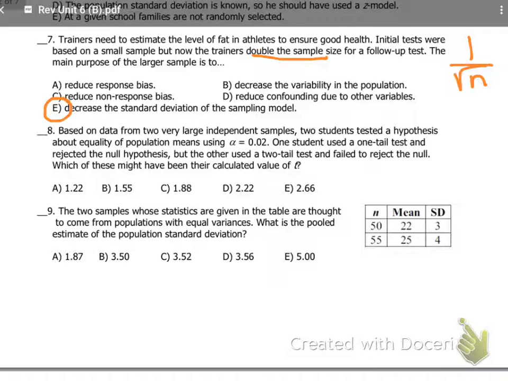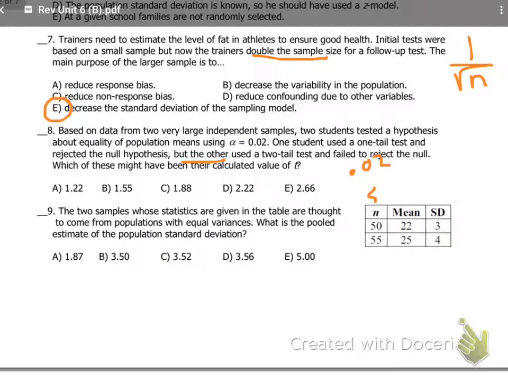All right, 8 is a funky problem, all right? So bear with me. If we have alpha is 0.02, so I go look on the t distribution for 0.02, and they said a large number, all right? Where this is a large number, all right? So I'm going to look at all the numbers here for 0.02.